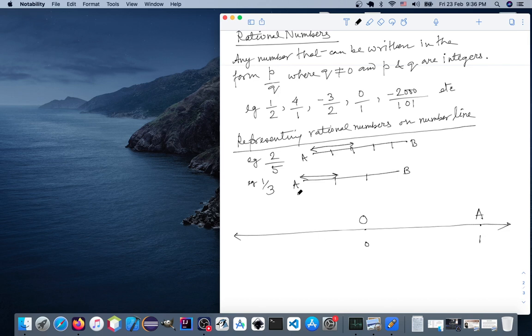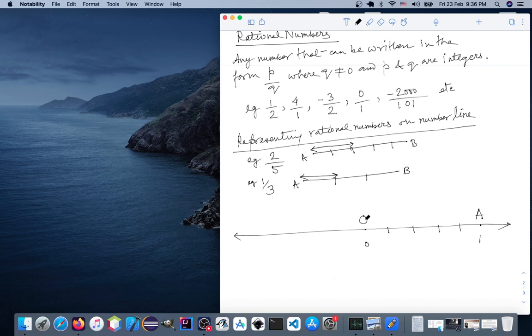Now, to represent 2 by 5, we need to divide OA into 5 equal parts. We mark 5 equal parts on the number line between OA. So, let's say this 1, 2, 3, 4, 5.